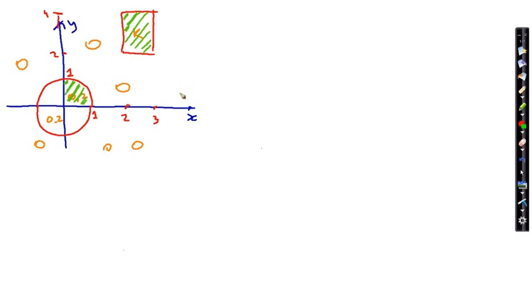Okay, so we calculate the probability that xy is in that green region, and green region is this A, region A. It consists of two portions. Well, one is a portion of the circle and the other one is that rectangular shape.